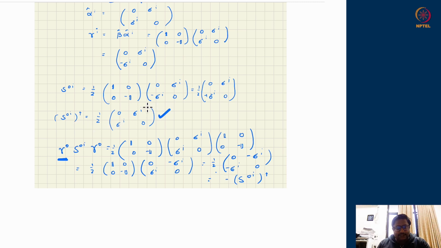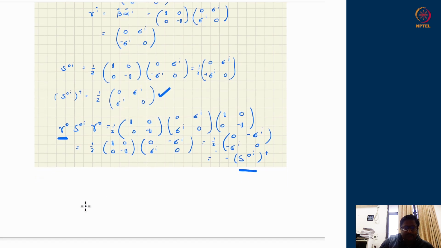The dagger was sigma I, as was S0I itself, but I am writing it in a convenient way, the reason for which will become clear. So if I squeeze S0I with gamma 0, what I get at the end is its dagger with a minus sign. This is for the first three generators of the Lorentz transformation on spinors.